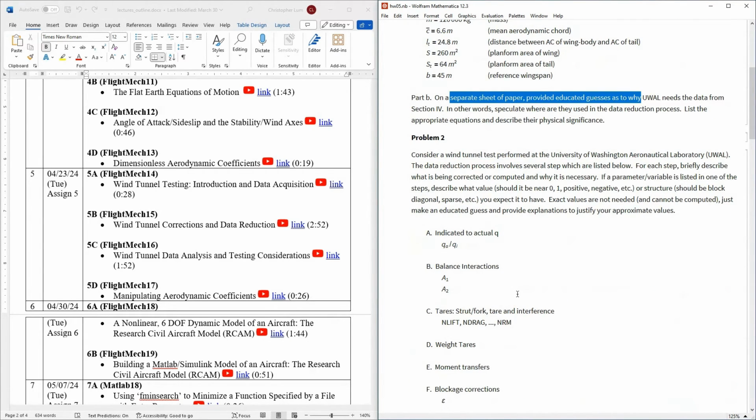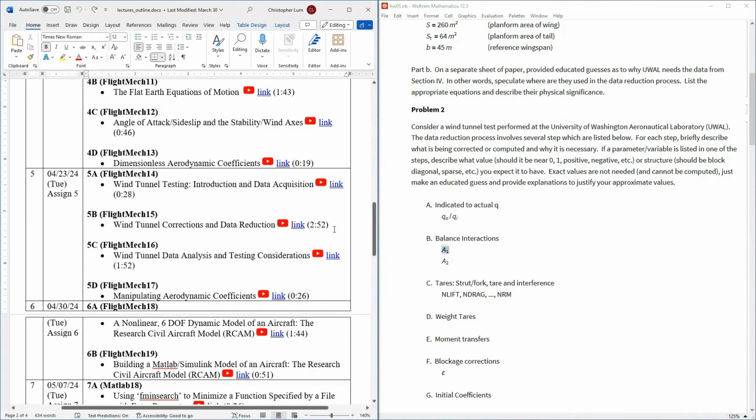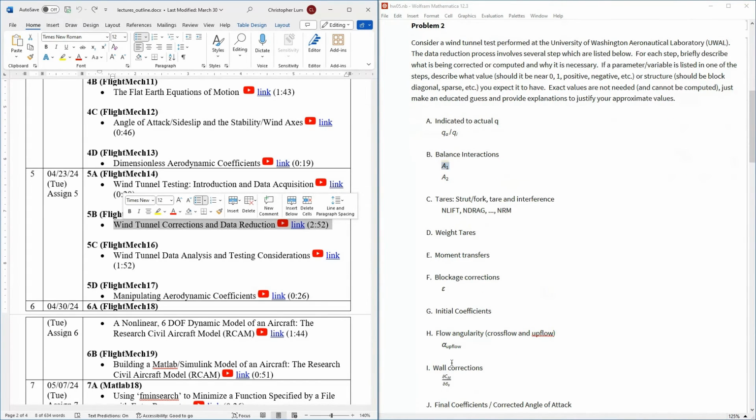Problem number 2 is, again, just briefly describe what some of these values are that are needed or discussed or used at these different steps in the data correction and data reduction process. So again, if you watch this video, you're going to see that I go through each one of these corrections and talk about what they are, what all of these parameters are, what these numbers are.